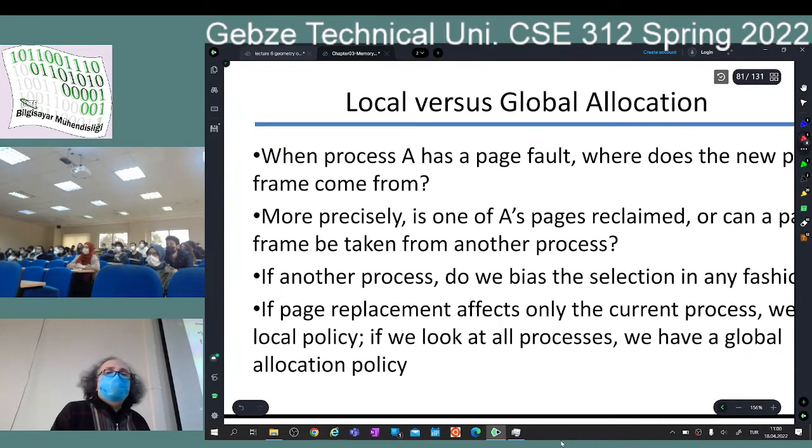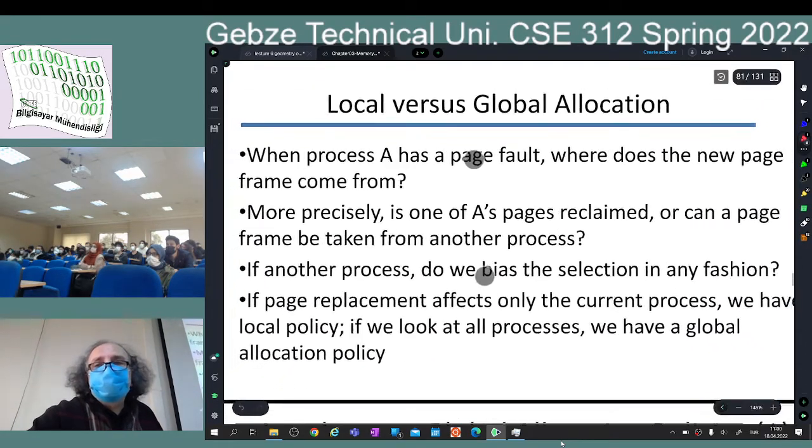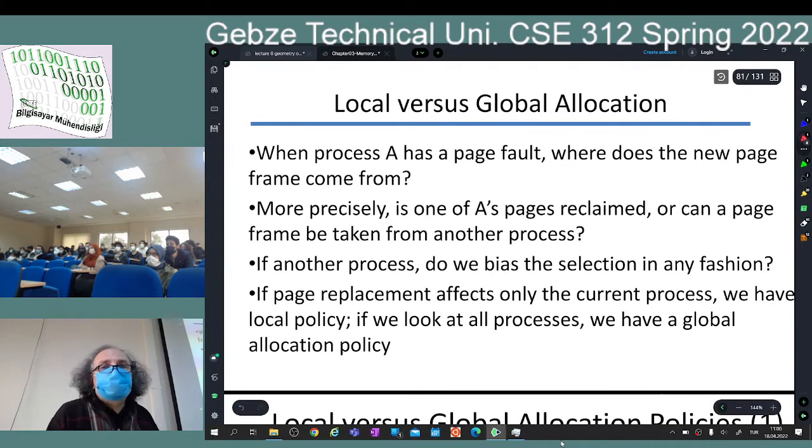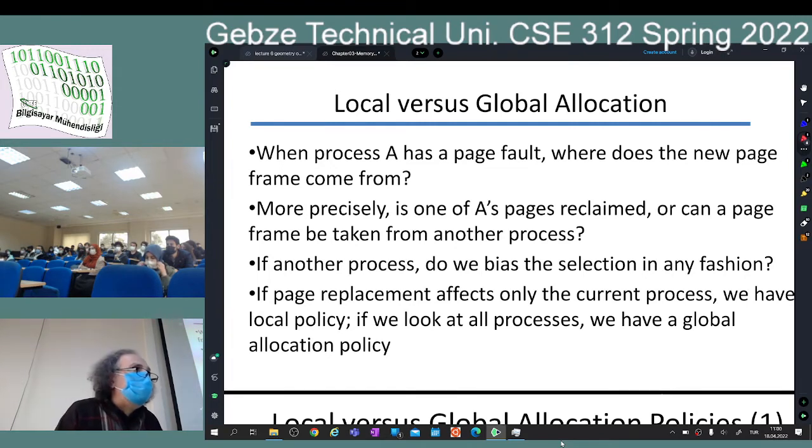Okay, one criteria that I am going to look at is global versus local allocation. This is a problem. Let's say I have two processes running. Process A has a certain number of pages in the memory that it is using, and process B is doing the same thing.